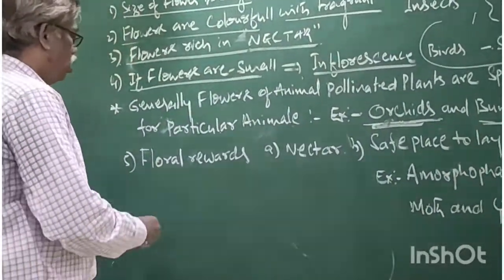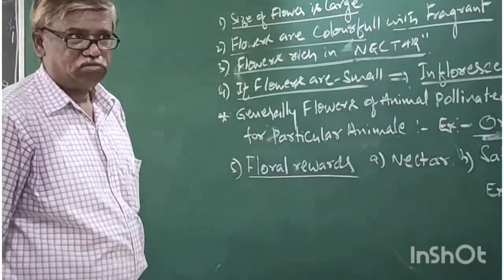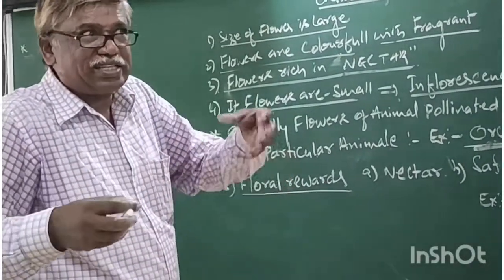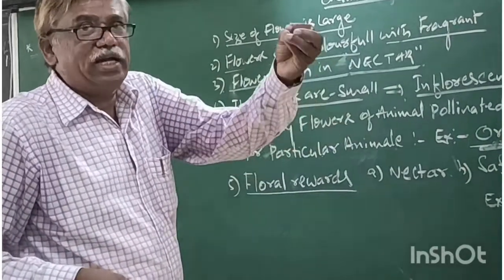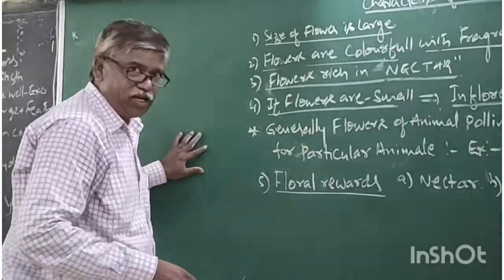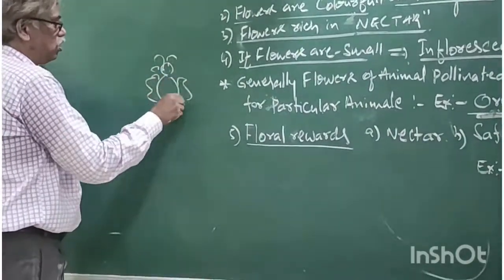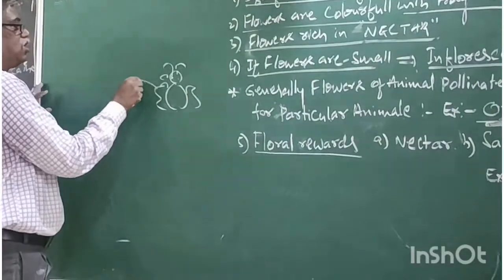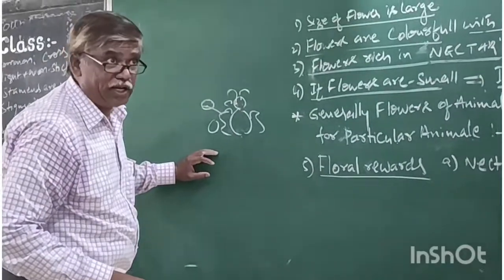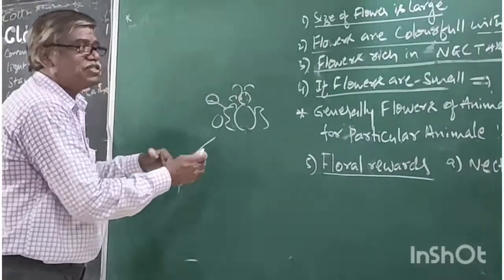Right. Now, floral rewards. If you do any work successfully, you will get some reward, a gift. Like this, if an insect helps in pollination, helps to carry off pollen grains, the plant provides some reward.